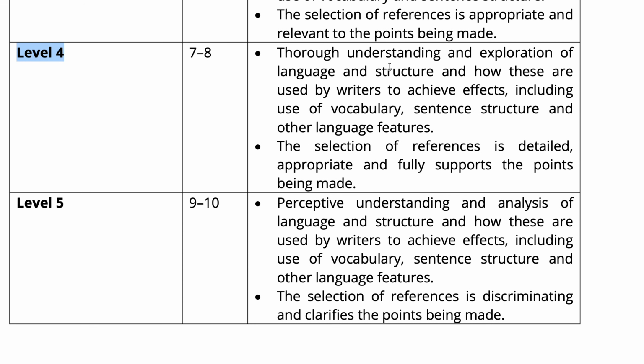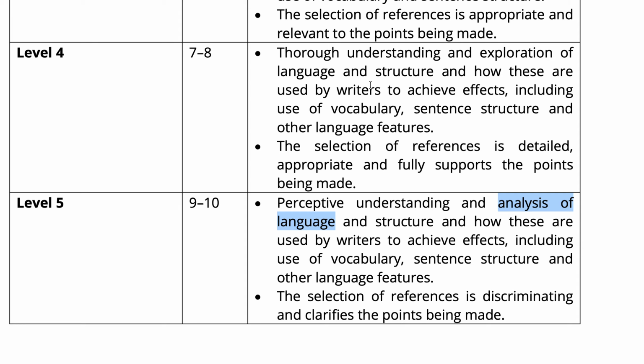Now, what makes level 4 and 5 different? Notice perspective understanding. This word was not mentioned over here. There is no such thing as perspective understanding. Analysis of language. We saw exploration of language. Somebody who's saying, okay, this word is used for that, that word is used for that.